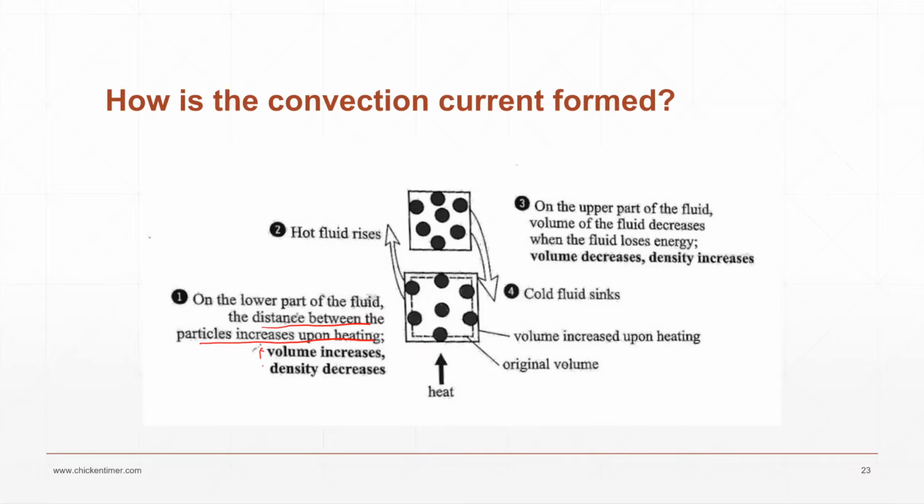So volume increases, density drops. Then it will rise. After it rises, the one on top, which is still cold, has higher density, so it will sink. So then you will get this constant loop like that.